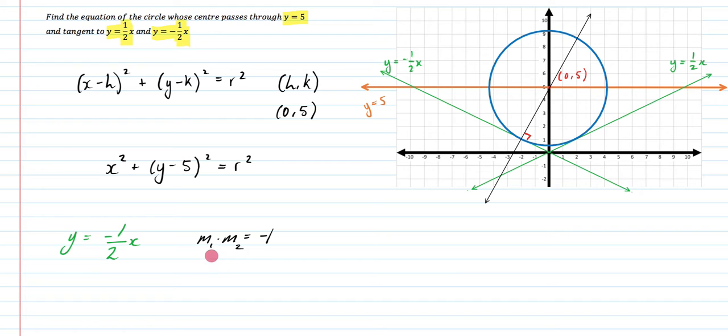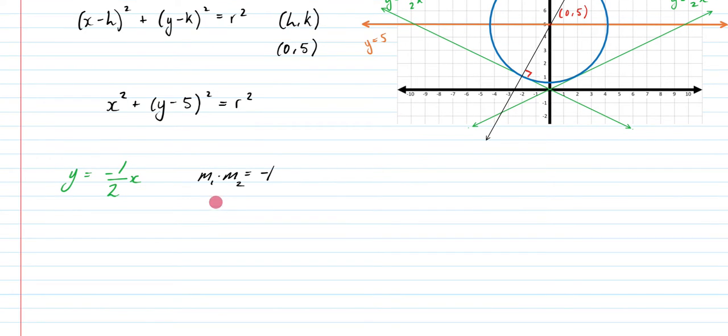So that means that my new line, let me do it in blue, will be y equals 2x, and so my gradient will be 2. I don't know exactly what my c will be at the moment, but I can find it by subbing in the point (0, 5), because I know that lies on my new line.